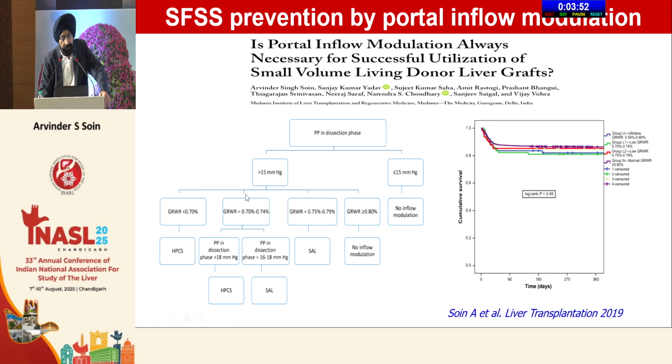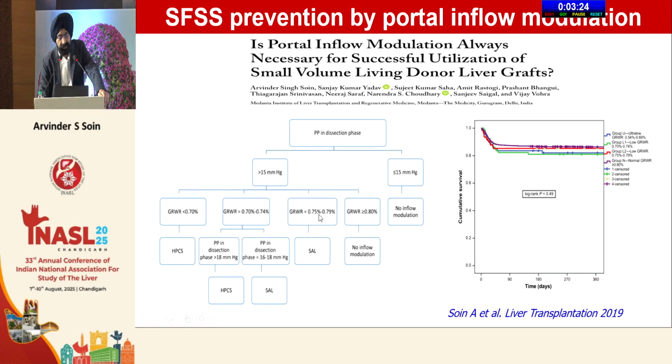And if it was higher, then based on GRWR, whether it was less than 0.7, 0.7 to 0.74, or 0.75 to 0.79, we did HPCS, hemiportocaval shunt, and if the portal pressure was high in the moderately low GRWR grafts, then we did a shunt. If it was not so high, then we did a splenic artery ligation.